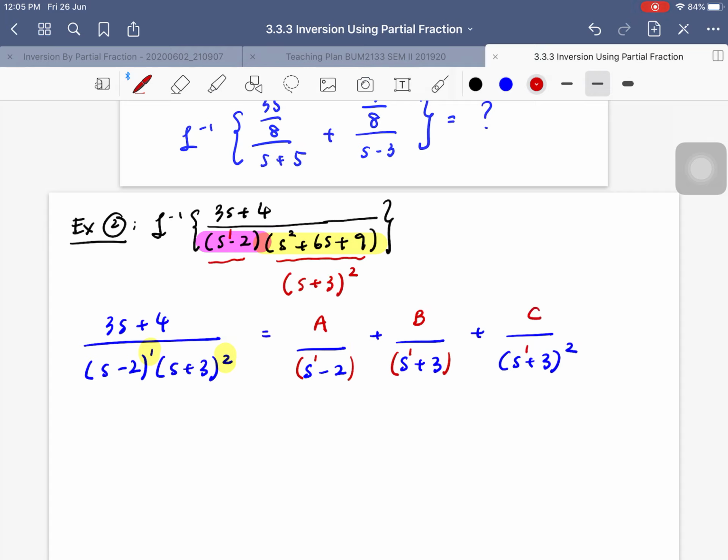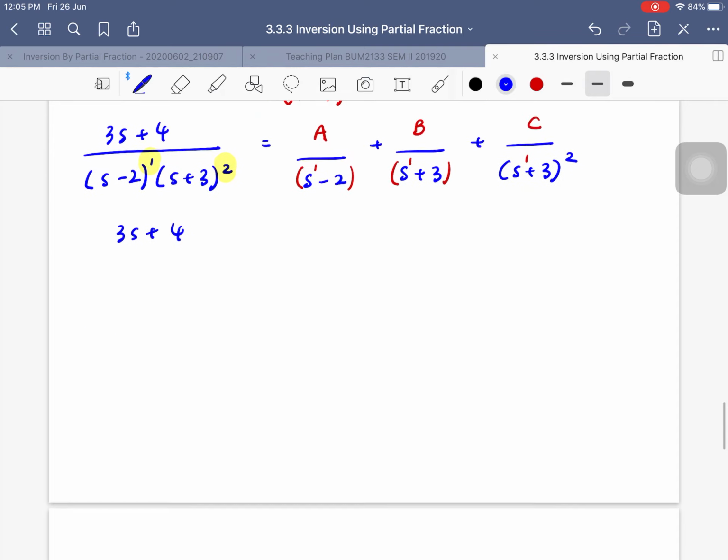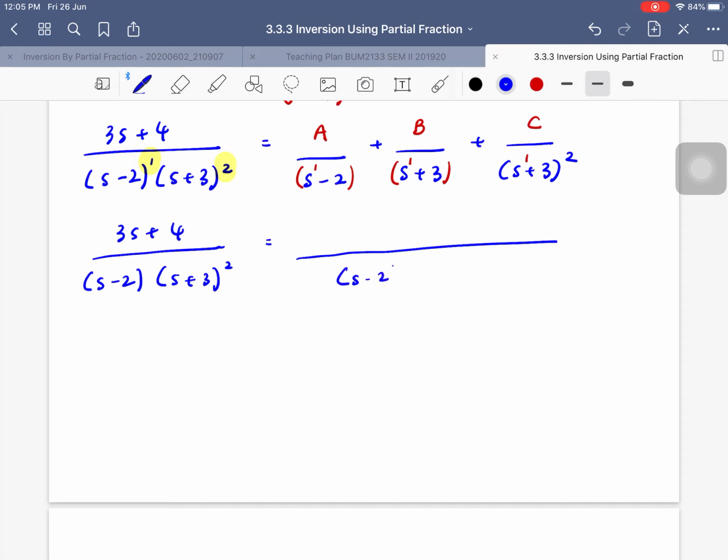Right, so now I want you to bear in mind that the next step is to make the denominators equal. On this side, it's going to be over (s - 2) multiplied by (s + 3) squared. On this side also, we're going to make it over (s - 2) multiplied by (s + 3) squared.